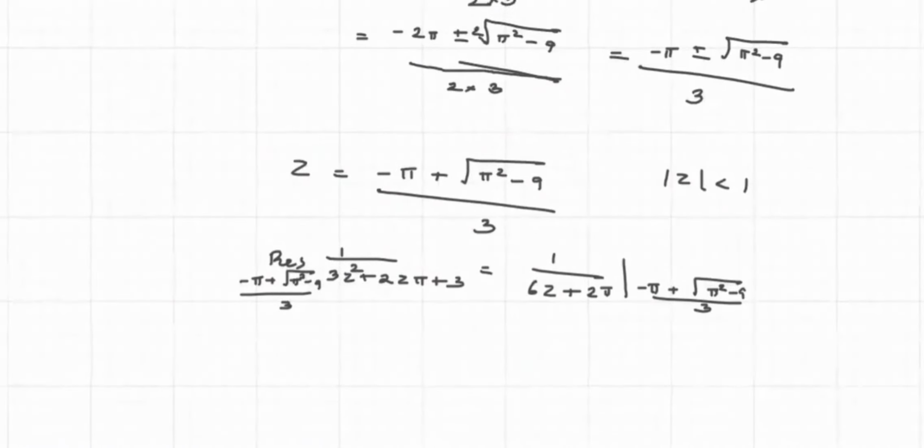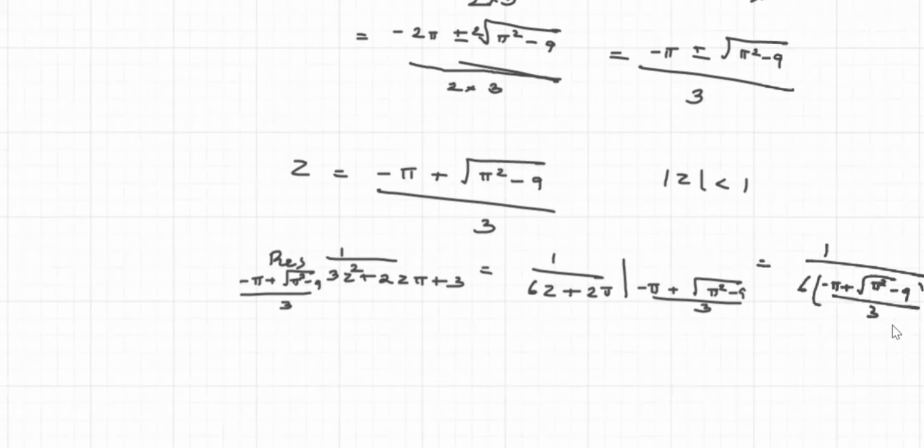That is equal to 1 by 6 into minus pi plus root of pi square minus 9 by 3 plus 2 pi. So this is equal to 1 by, this is 2, minus 2 pi will cancel. So 2 times root of pi square minus 9.